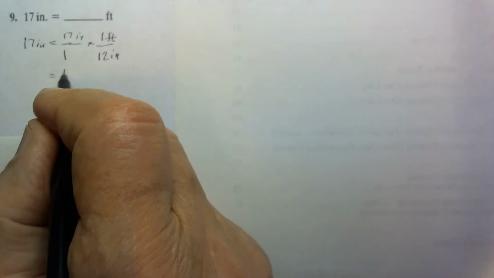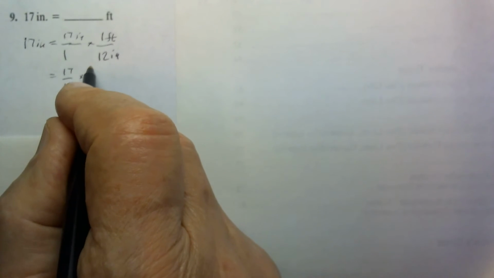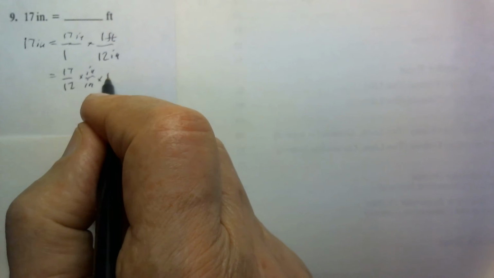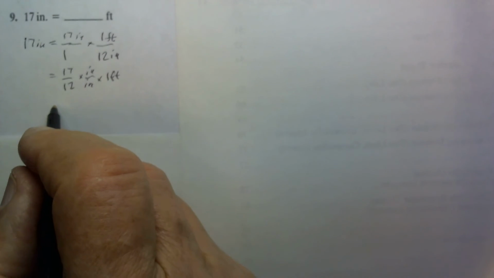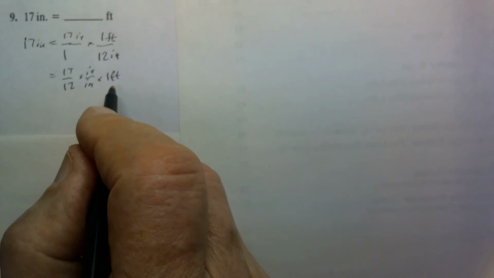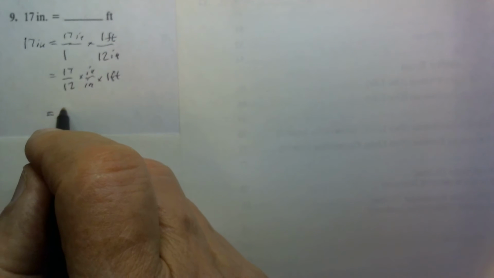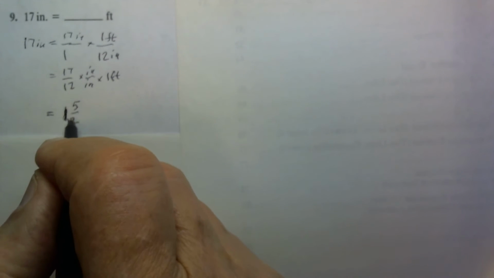Then we write this as 17 divided by 12 times inches divided by inches times 1 foot. So that's equal to 17/12 feet. The inches cancel out. So 17/12 is 1 and 5/12 feet.